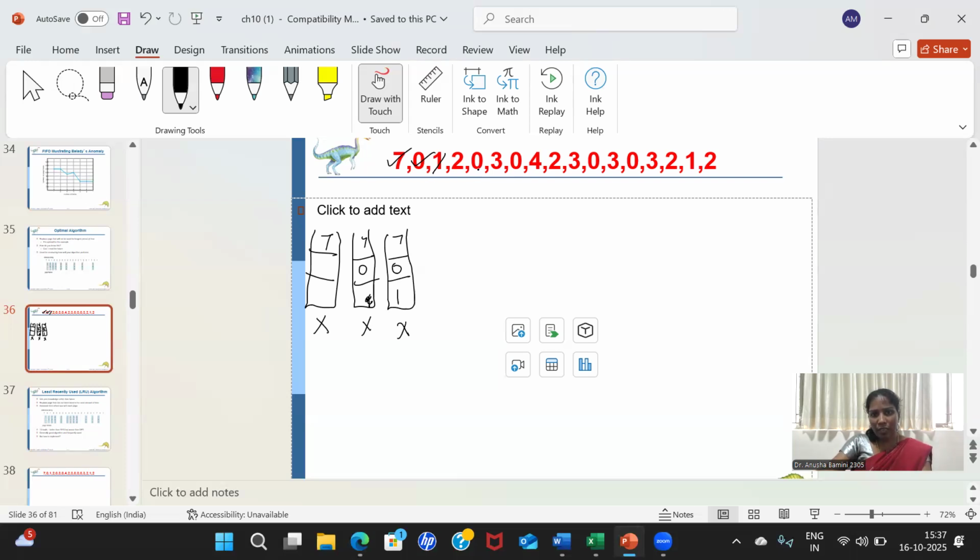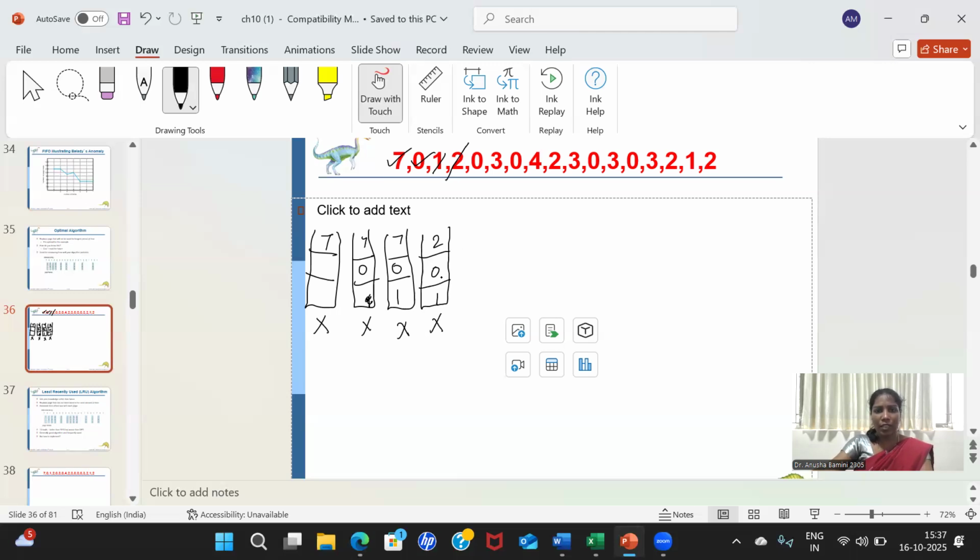Here 0 occurs very soon. After that, 7 does not occur in the entire sequence. 1 occurs later. So I can replace 7 because 7 will not occur. Instead of 7, I am placing 2. So here also a page fault, because I replaced 7 by 2.